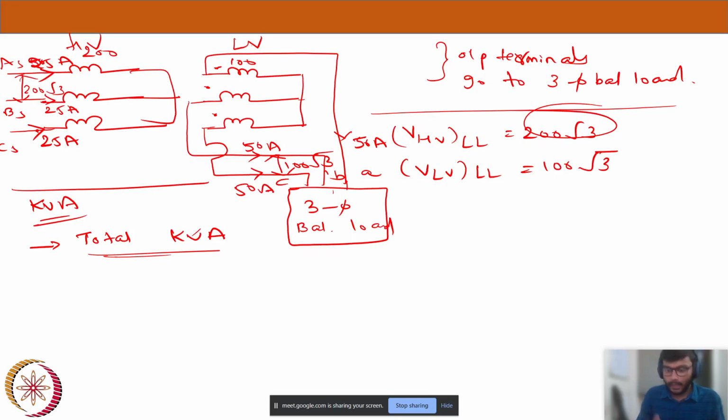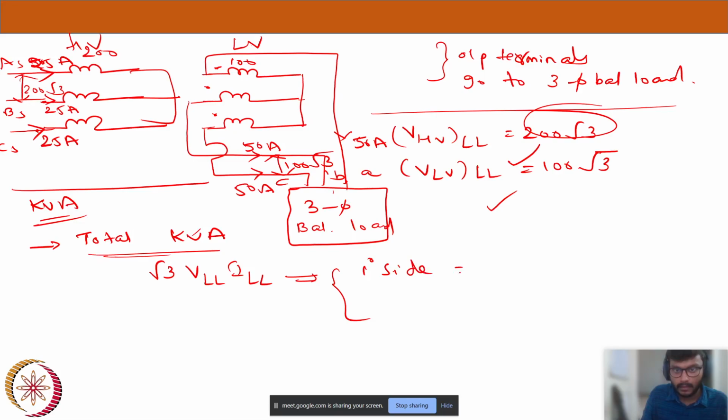If you know the line voltages at both sides, the kVA will be root 3 V line to line, I line to line. So we can do it on both sides. Let's say on the primary side.